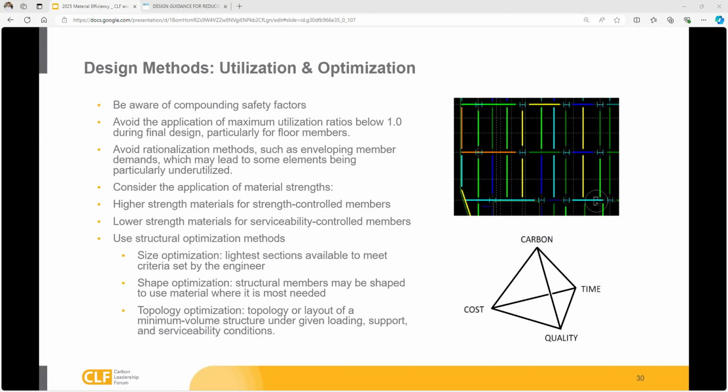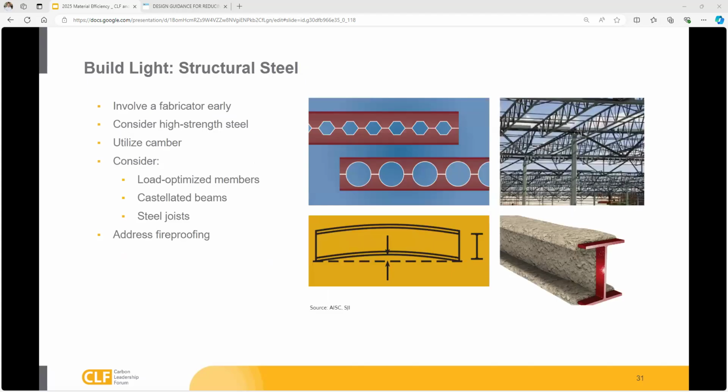So be aware of compounding safety factors and avoid rationalization methods, especially nowadays where computational tools allow us to approach design in a time efficient way that also allows optimization of structural elements. So use the tools that are available to you. And some various optimization methods here, you can read on the design guidance website for more info.